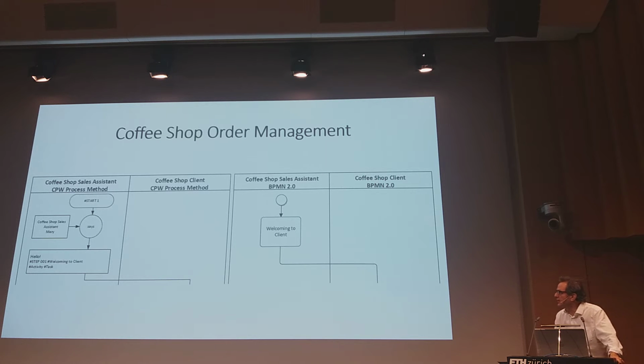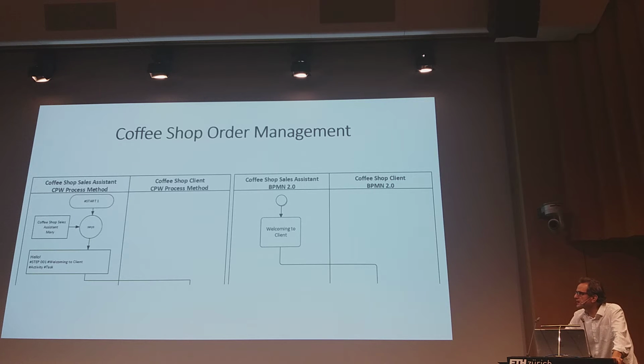You see on the left side that we have 3 graphical objects to represent a simple sentence with a CPW subject, a CPW predicate, and a CPW object. The CPW subject is coffee shop sales assistant Mary, the CPW predicate is says, and the CPW object is hello.